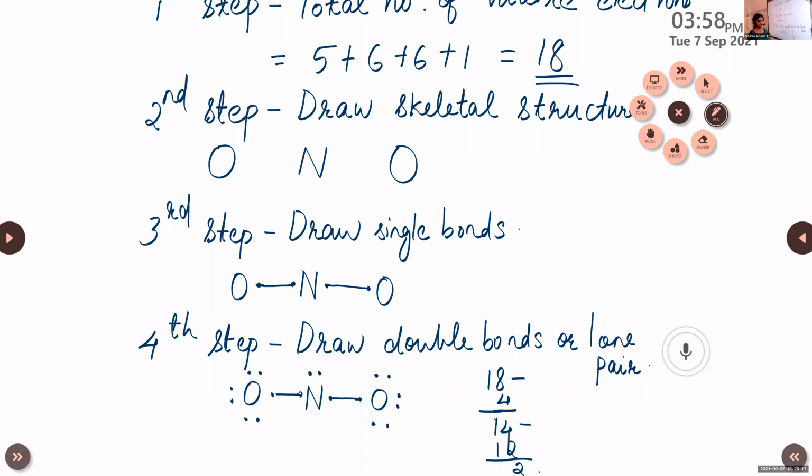Valence electrons in nitrogen, it's 6, right? According to the octet rule, when they are involved in chemical bonding, they should obtain 8 electrons. So this representation is wrong. So we will take these 2 electrons from any of the oxygen atoms and it will be shared between the nitrogen and oxygen.